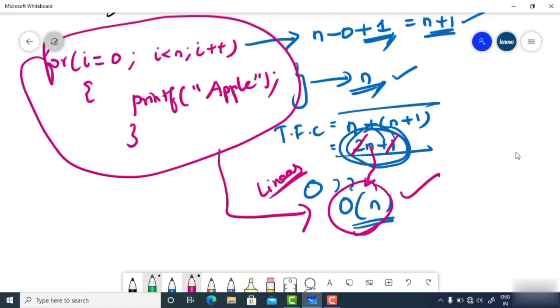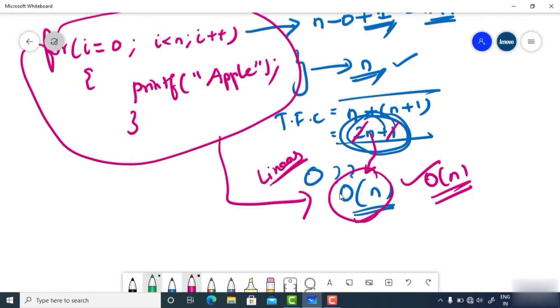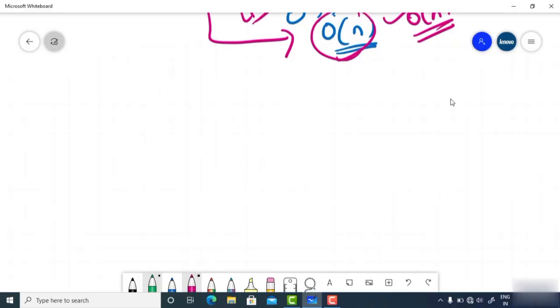Okay, and it is very crucial to remember that, guys, a single for loop will take only O of n time. Linear time. A single for loop will always take a linear time, right?